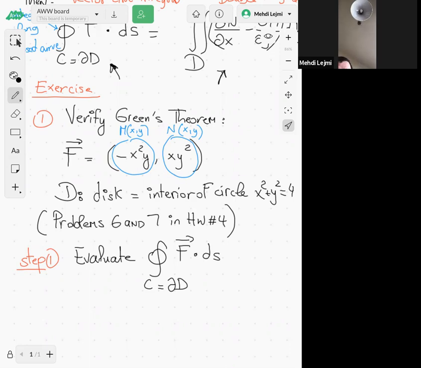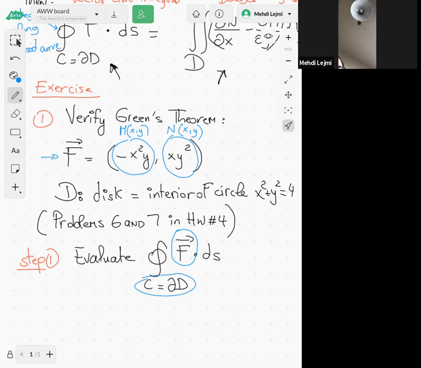In this integral, we know the vector field F, right? It's given by the problem: minus x squared y, etc. The missing thing here is really a parameterization of this boundary.